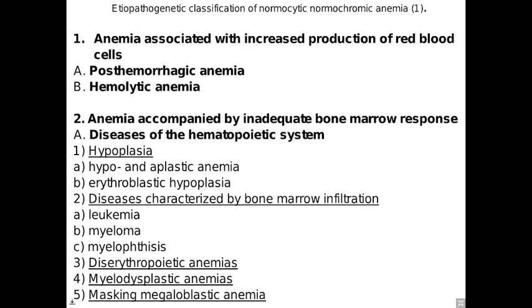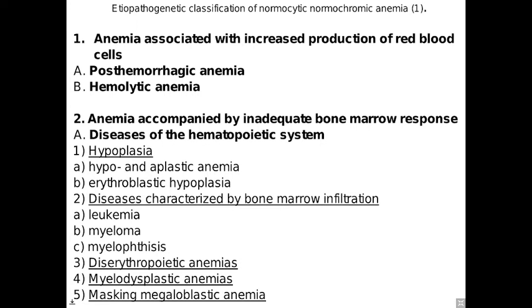Normocytic and normochromic anemia: anemia associated with increased production of red blood cells. As we mentioned before, the post-hemorrhagic process can be associated with the megaloblastic type of erythropoiesis or with the normocytic, which depends on the bone marrow.